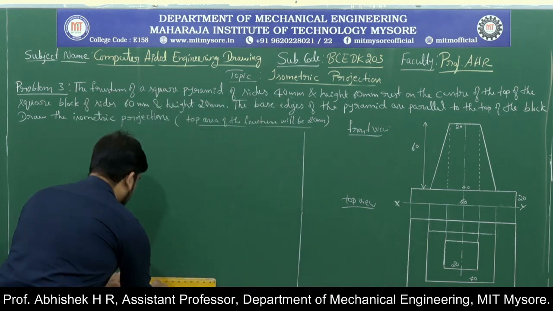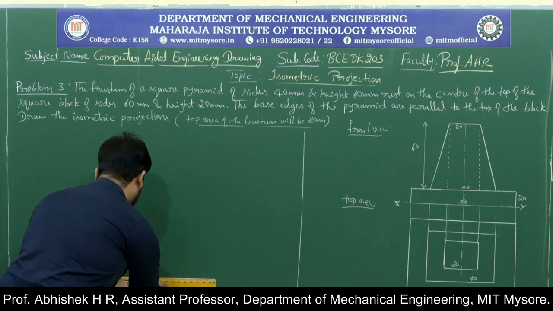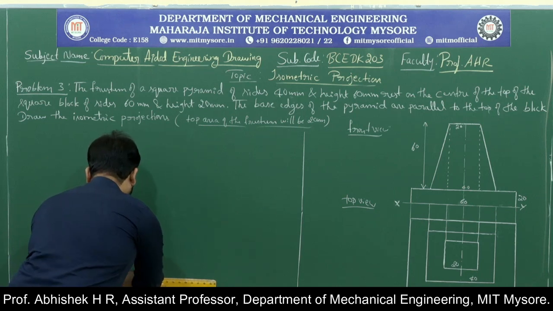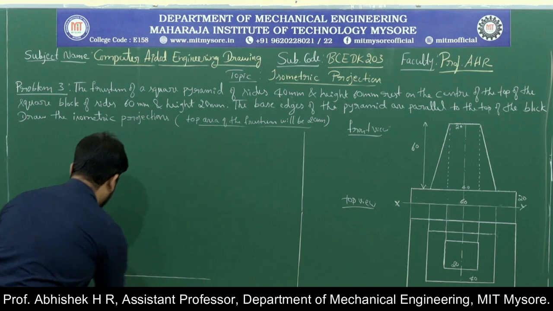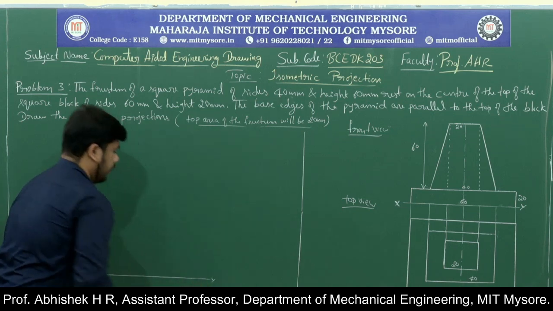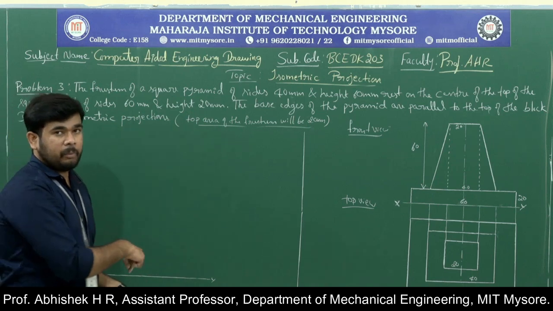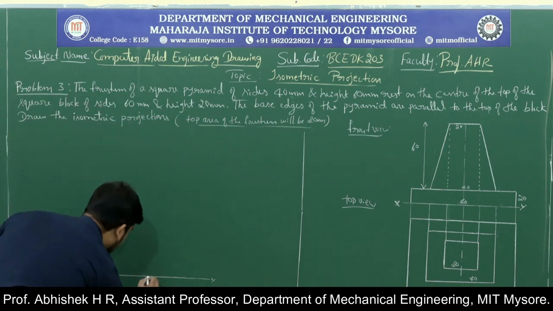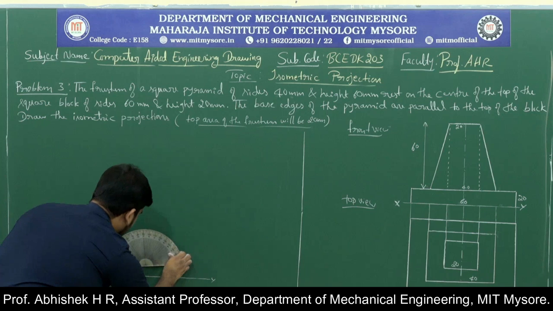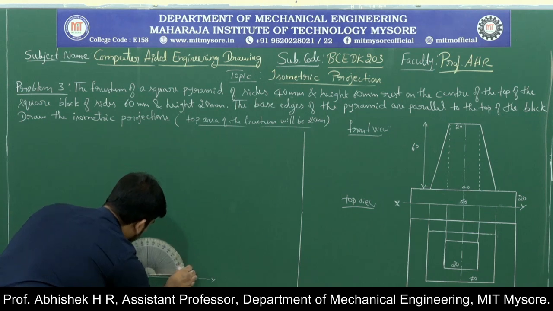So let us consider a reference line XY. Now I need to measure 30 degrees here, because you already have the printed page, but here I don't have it.